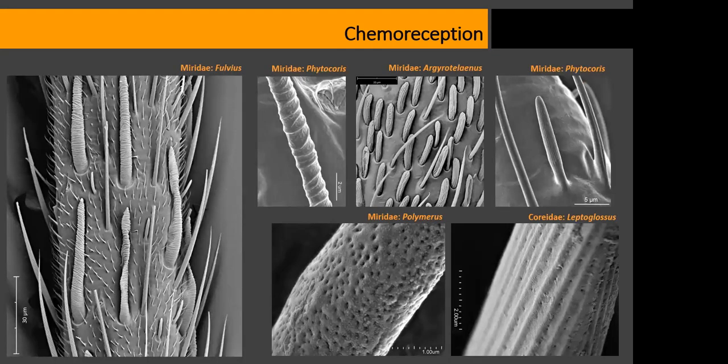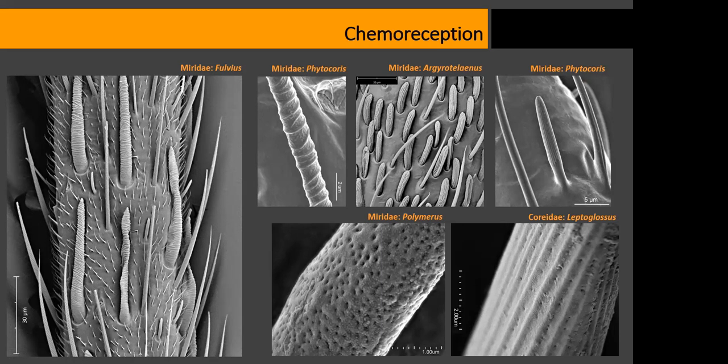The olfactory receptors on antennae can take various shapes. They are often trichoid, but also chaetica, basiconica, or coeloconica sensilla. Unlike mechanoreceptors, the chemoreceptors usually adhere to the surface of the antennae. As I mentioned, these sensilla have numerous pores, which are visible only with high magnification.